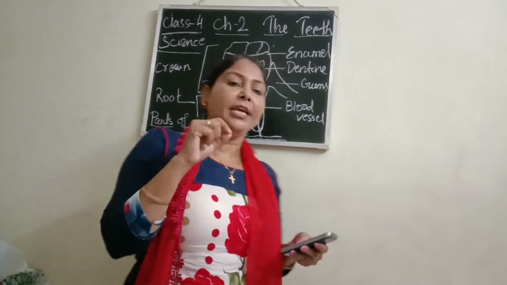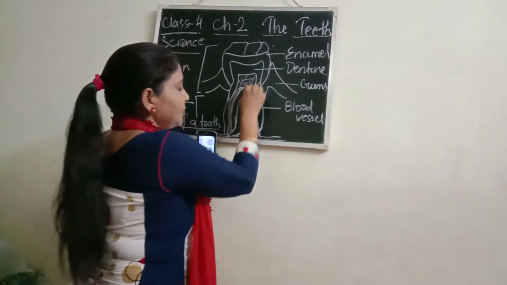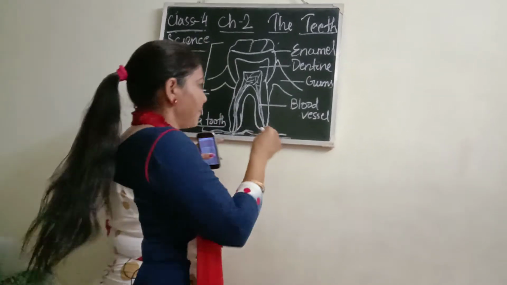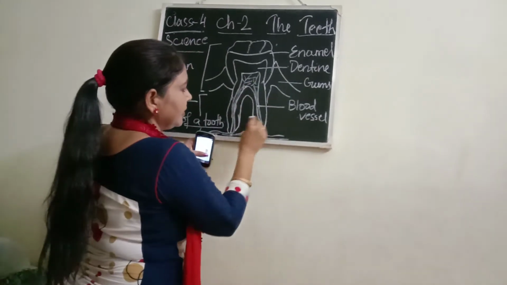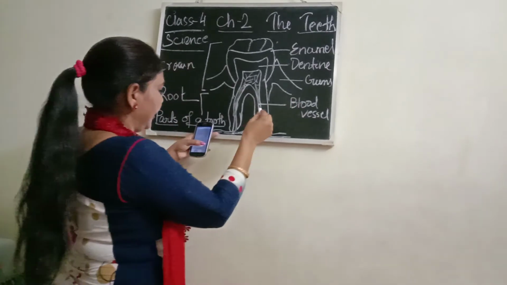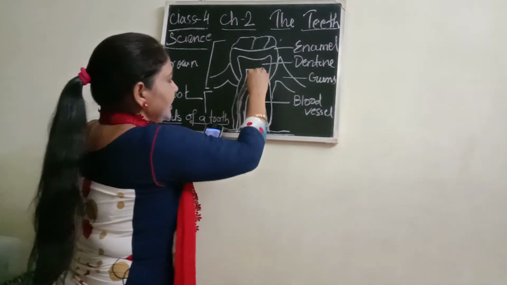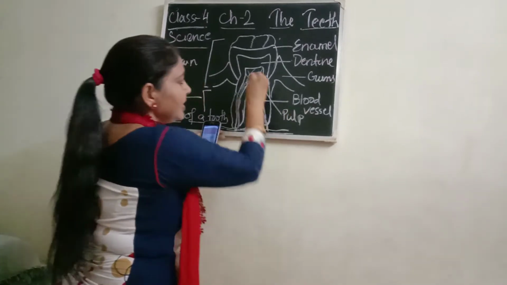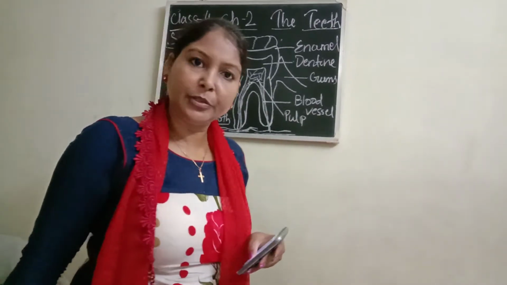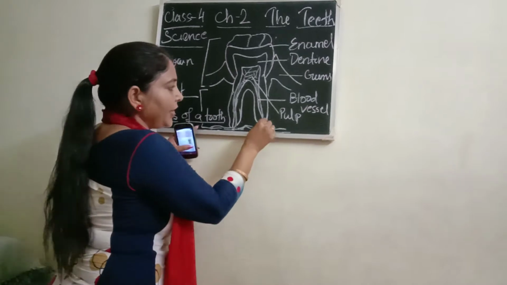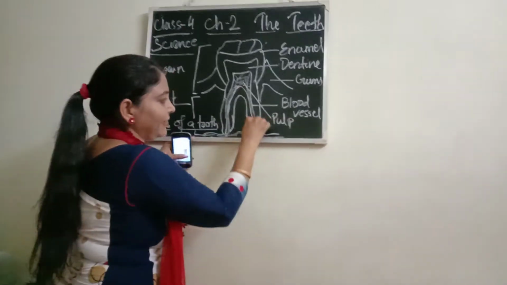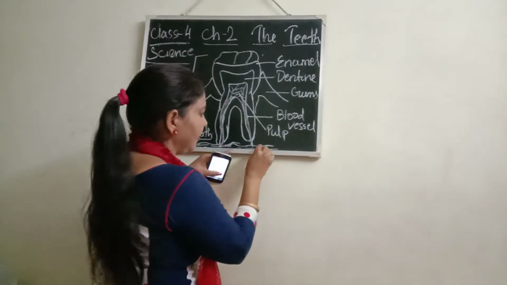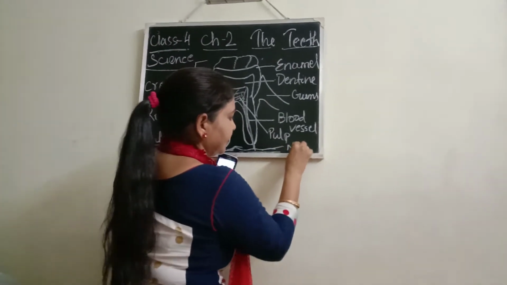So that is only pulp, and which is present in the root. It is not in the crown. Okay, so that's a pulp. This is a blood vessels, and you will find this part is the pulp, which is the central part of the tooth. Now over here, this part is the blood vessels, which connects to the nerves, and here you will have nerves.